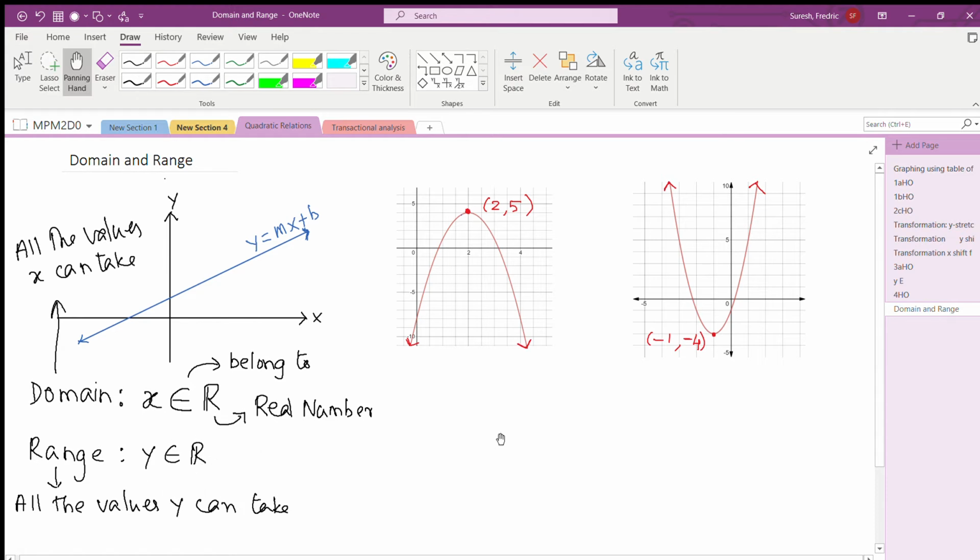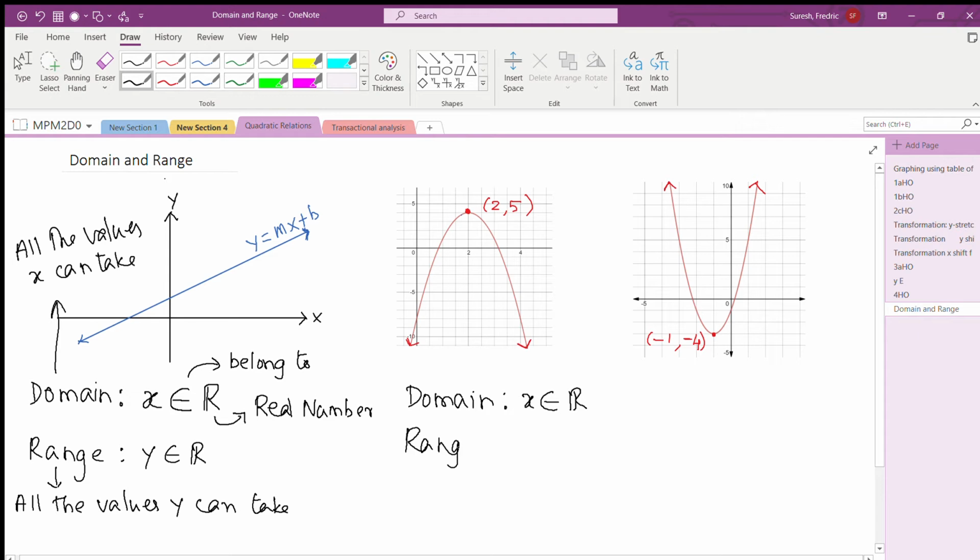What about a parabola? The parabola is similar to the line in terms of the domain. So here we will say x belongs to real numbers, because these arrows can keep going forever, which means all along the x-axis, all these values are valid for this parabola. The difference comes in the range.